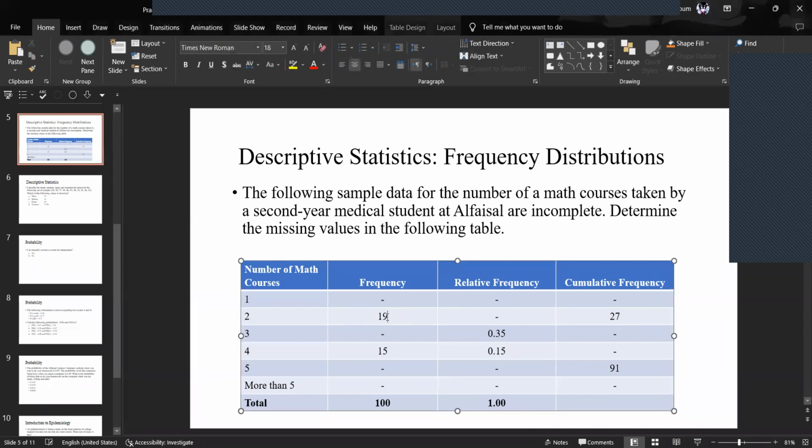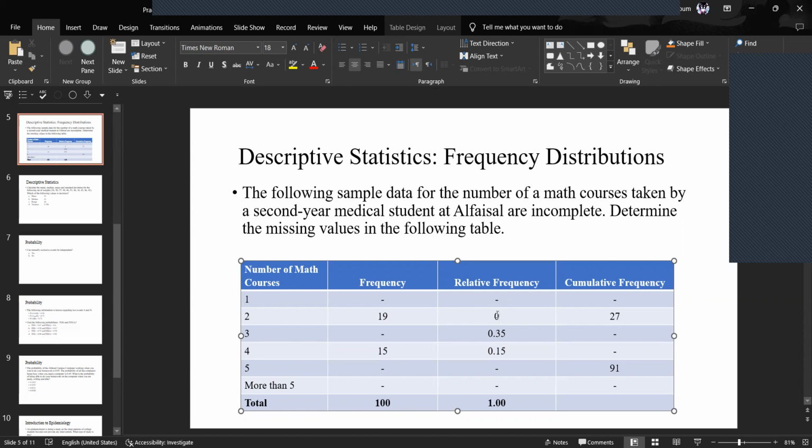So let's start by finding the relative frequency of the number of people taking 2 maths courses. That's going to be 19 divided by 100, right? Because the relative frequency is basically the percentage: the frequency over the total group, represented as a decimal. It's the percentage of people in that specific group from the total sample.